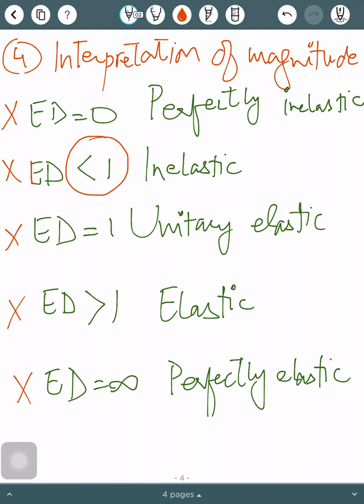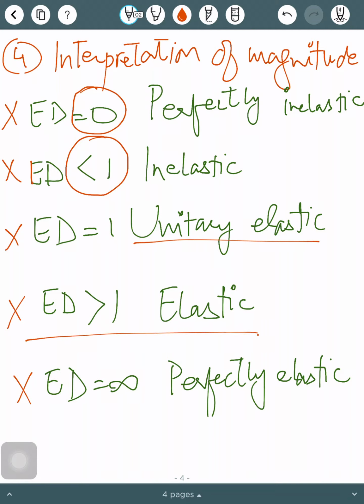If the goods are totally unrelated, if the change in price of one does not affect the quantity demanded or the demand for the other product at all, then they would be perfectly inelastic, or there would be a value of 0. The change of price in one good would not affect the demand for another product, so the XED will be 0. The goods may have a unitary relationship or an elastic relationship as well.